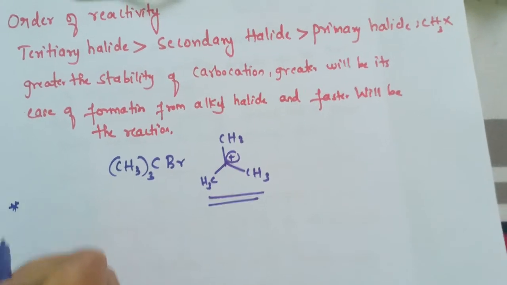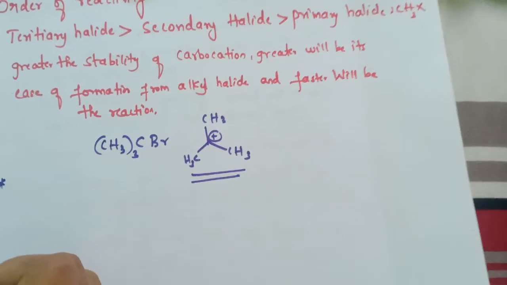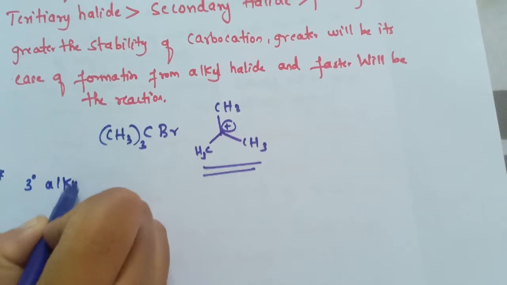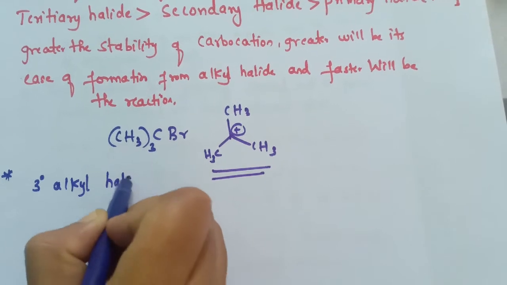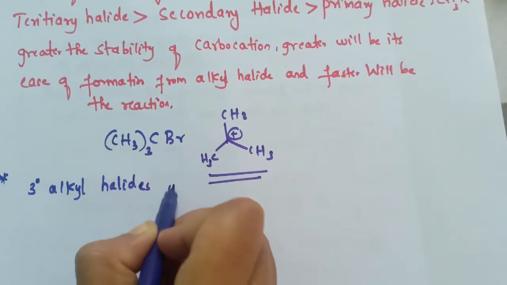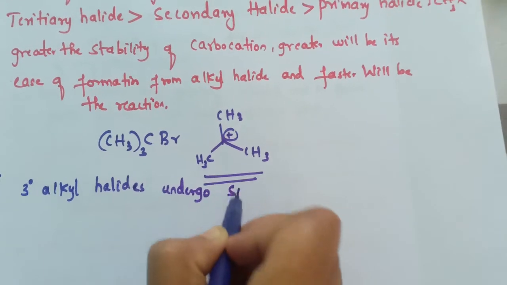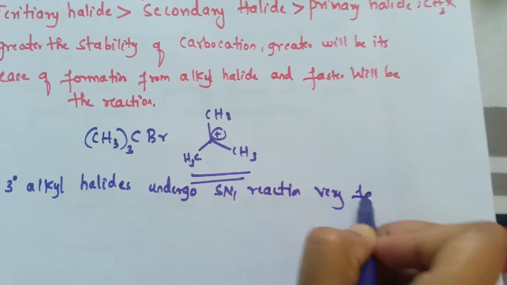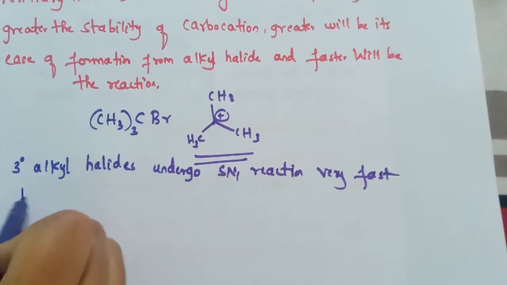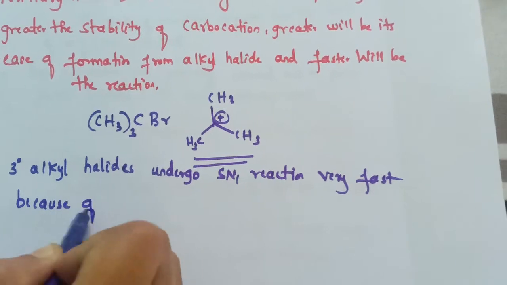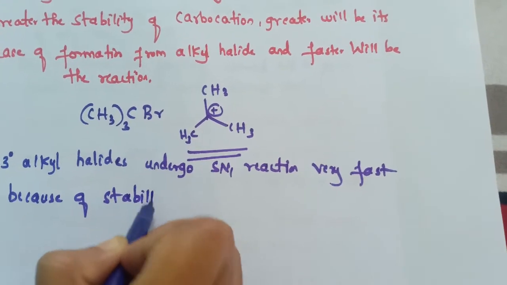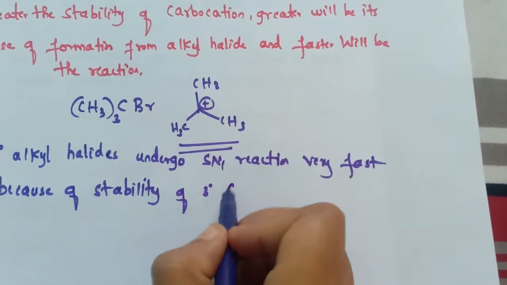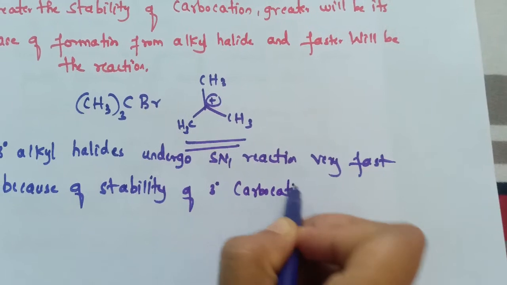And the next point is, tertiary alkyl halides undergo Sn1 reaction very fast because of the stability of the tertiary carbocation.